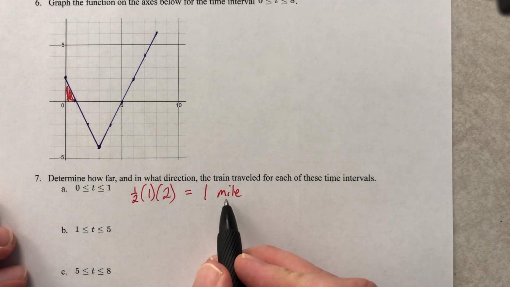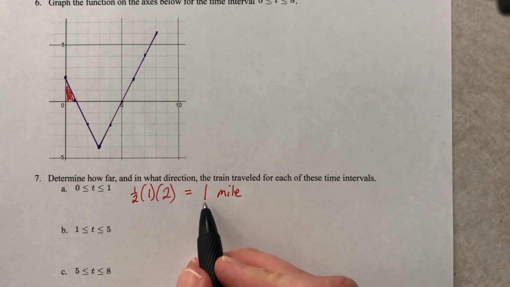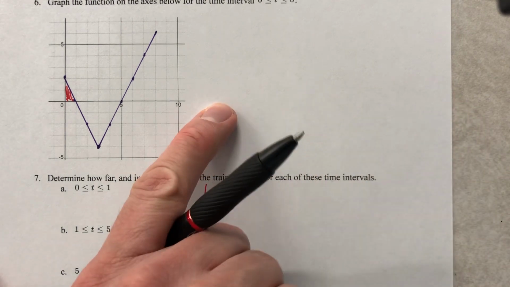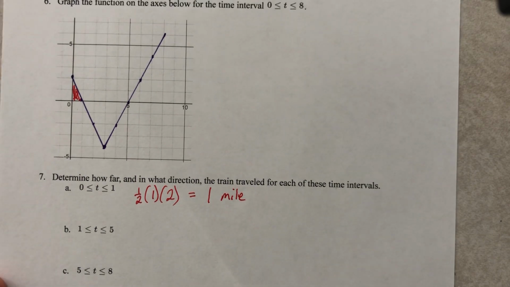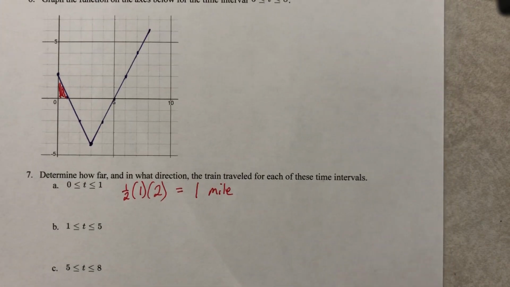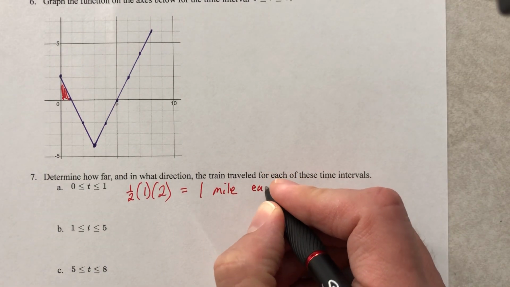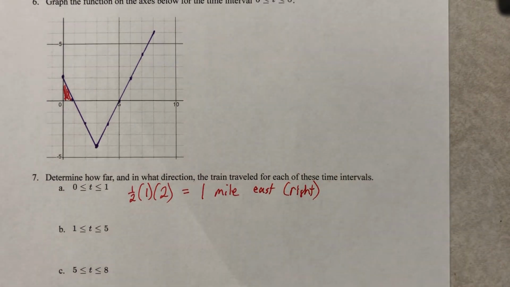We traveled positive 1 mile because we were going to the right, and based on our perceptions of where we generally look at maps, we'll go with that assumption that we're not turning the map upside down. We are going to have 1 mile to the east. And if you want to get technical, it's 1 mile to the right. There we go.